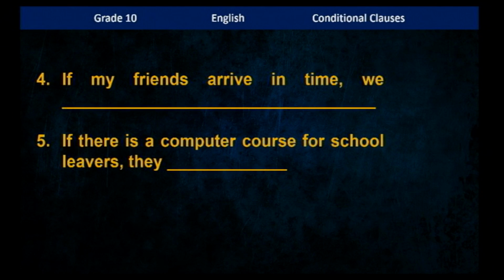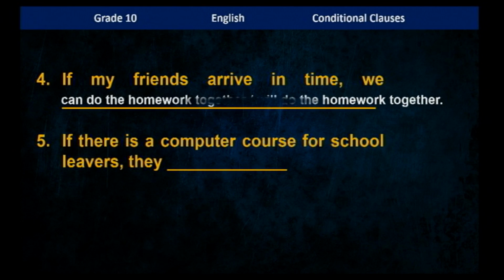What will happen if your friends arrive in time? We can do the homework together, or we can say we will do the homework together. All right. If your friends arrive in time, you can do homework together. Or without can, we can say will. So you can use any future modal there.